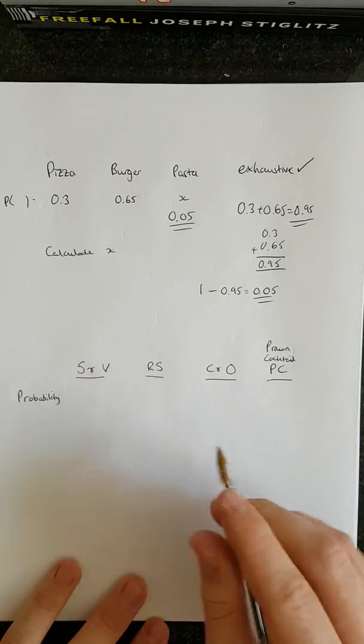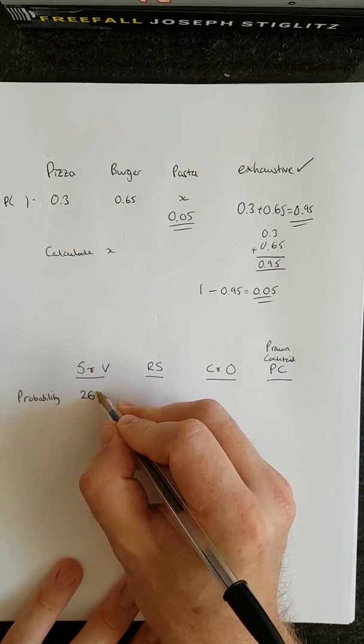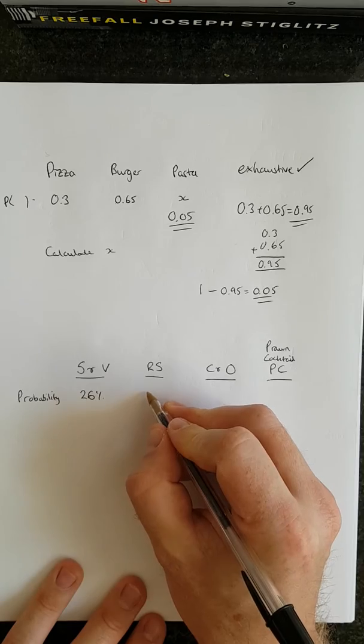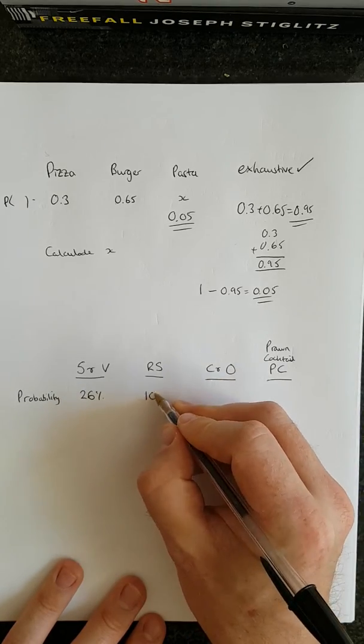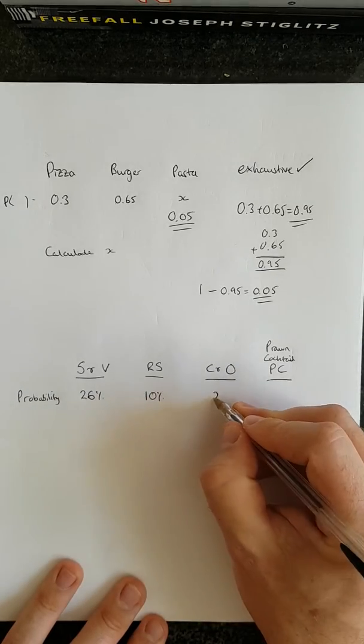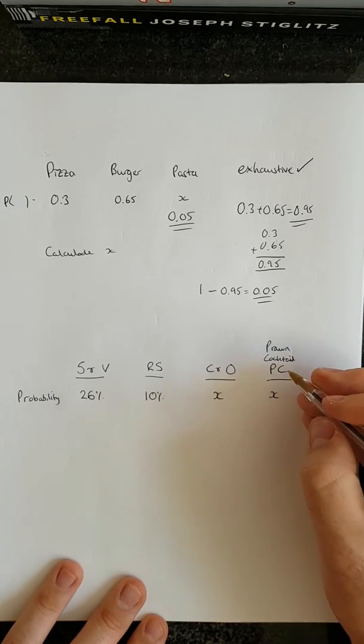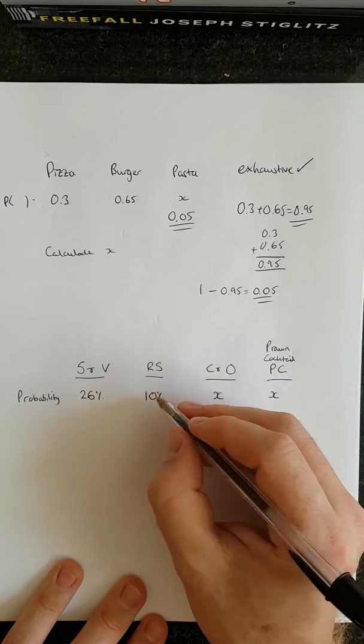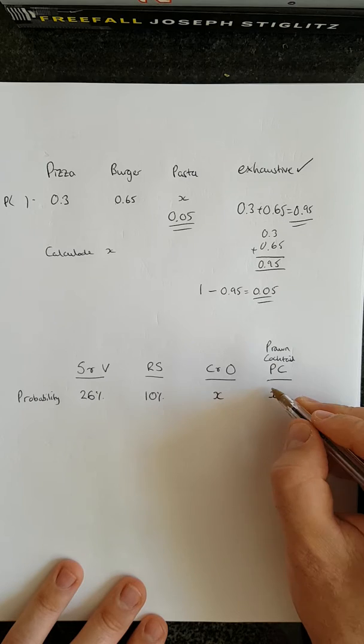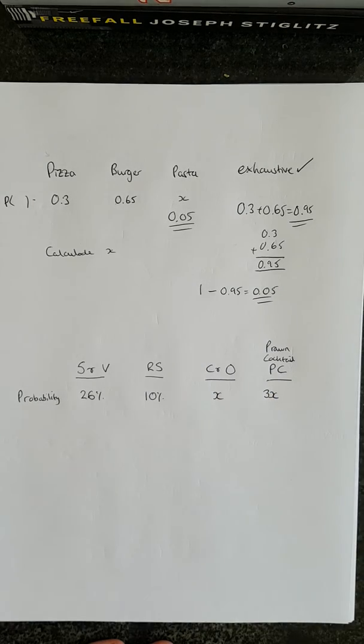So, salt and vinegar was 26%. Ready salted was 10%. And look what happened to the last two.